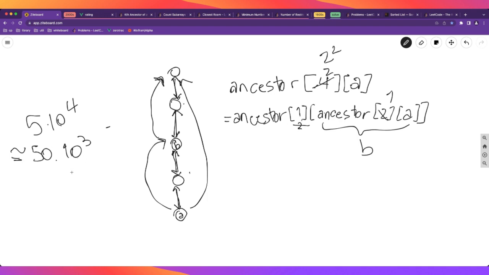So you should know that 2 to the 10 is approximately 10 to the 3.